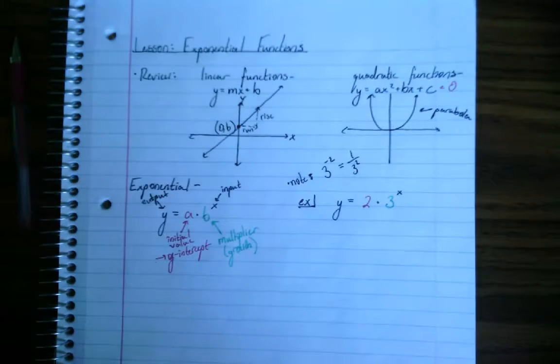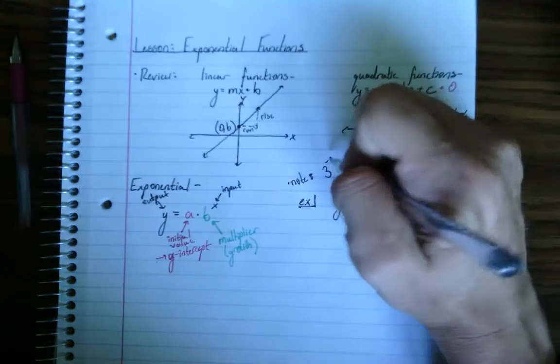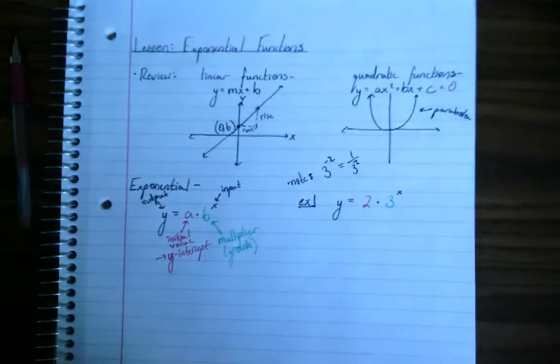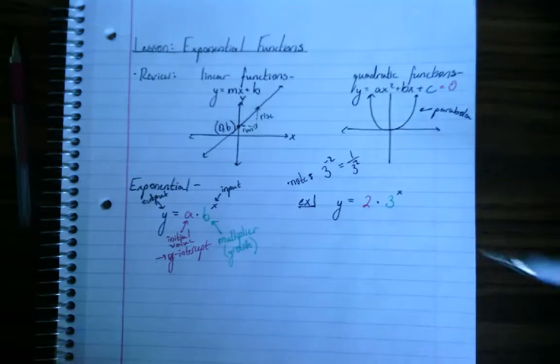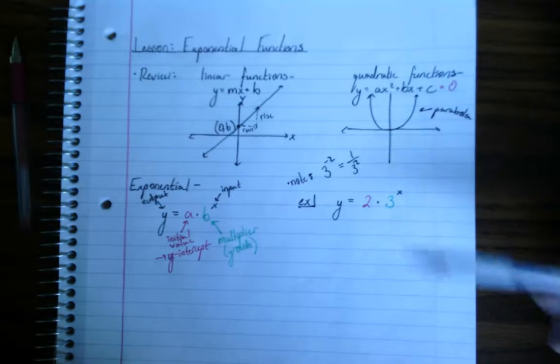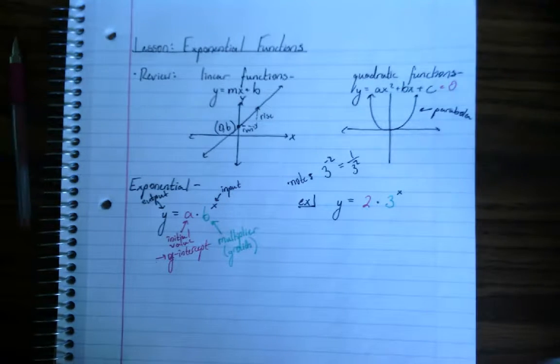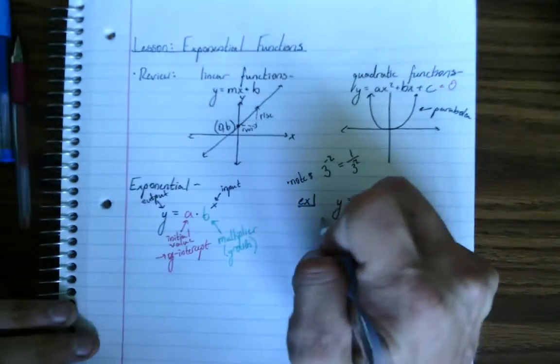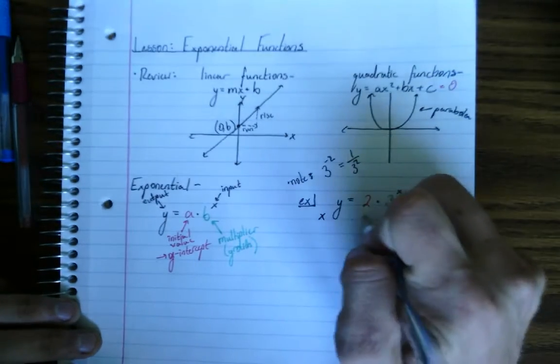We talked about this day 1. I'm just bringing it back for you right now, because we're going to be seeing an application of this. So before we even know how to graph anything like this, we need to make our XY chart. Choose some inputs, get some outputs, we'll be good to go. So we're gonna do just that.